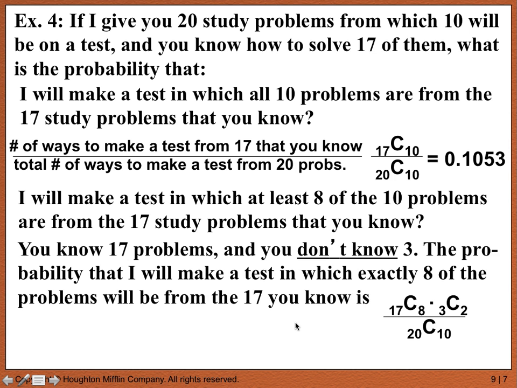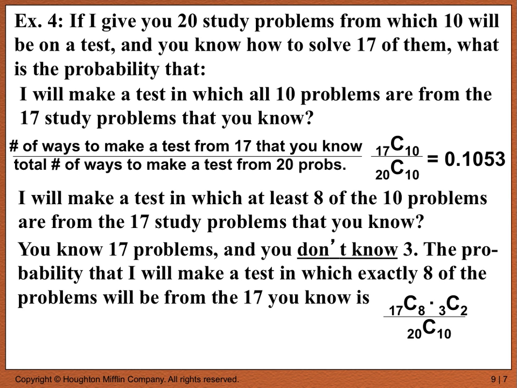That means we need to break this up into parts. We need the probability of having exactly 8 that I know, then the probability of having exactly 9 that I know, and then the probability of knowing exactly 10, that 10 out of the 10 problems are from the 17 that I studied.